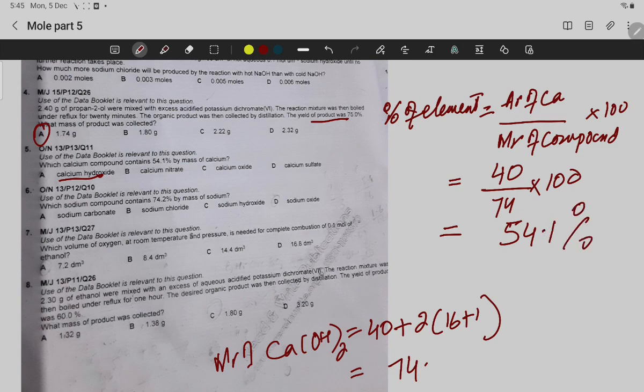Now our question requires 54.1%. So this A option is correct. If this were not correct for this compound, you can check other compounds like this. You can check calcium nitrate, calcium oxide and calcium sulfate as well.